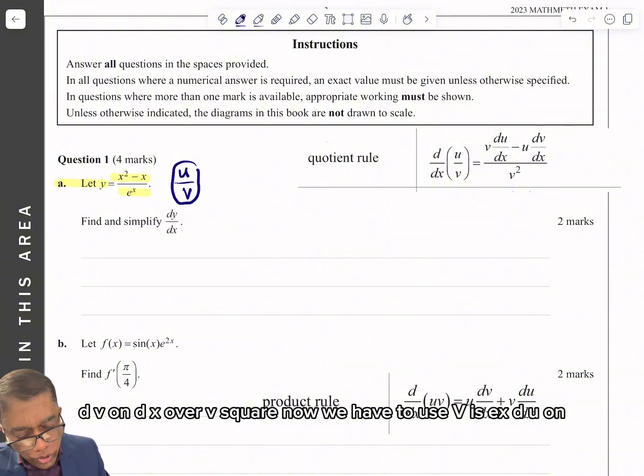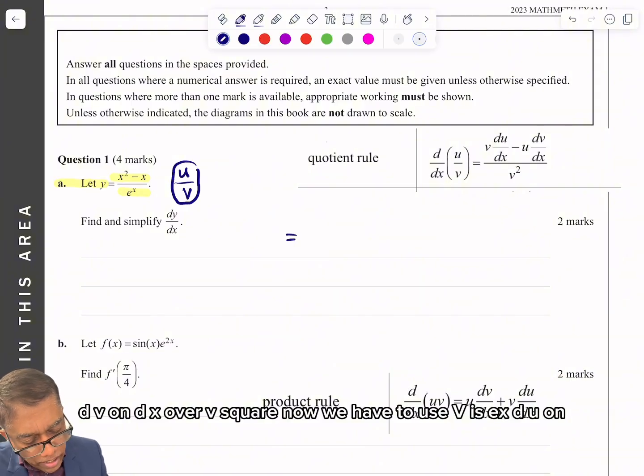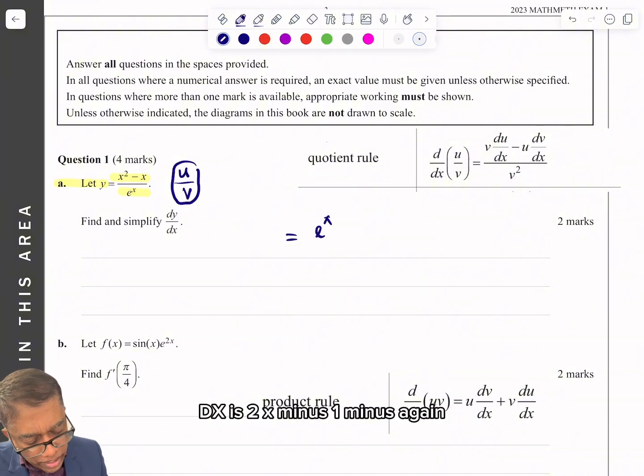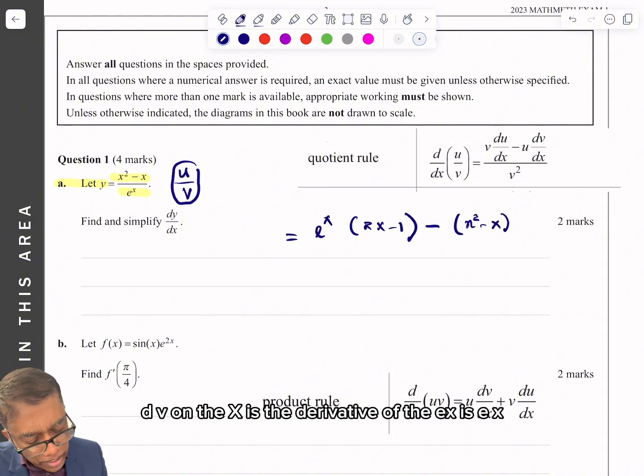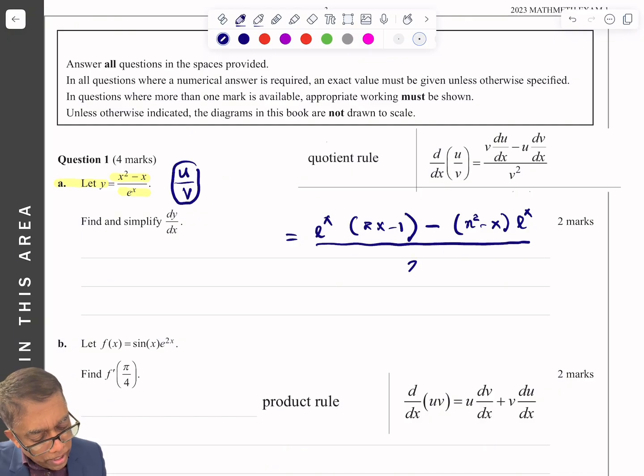Now we have to use it. du/dx is 2x minus 1, where u is x squared minus x. dv/dx is the derivative of e^x, which is e^x, over (e^x) whole squared.